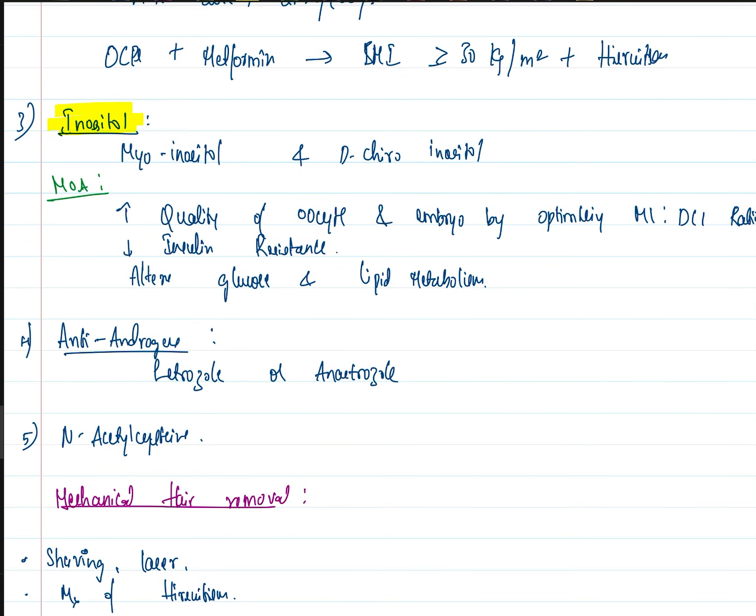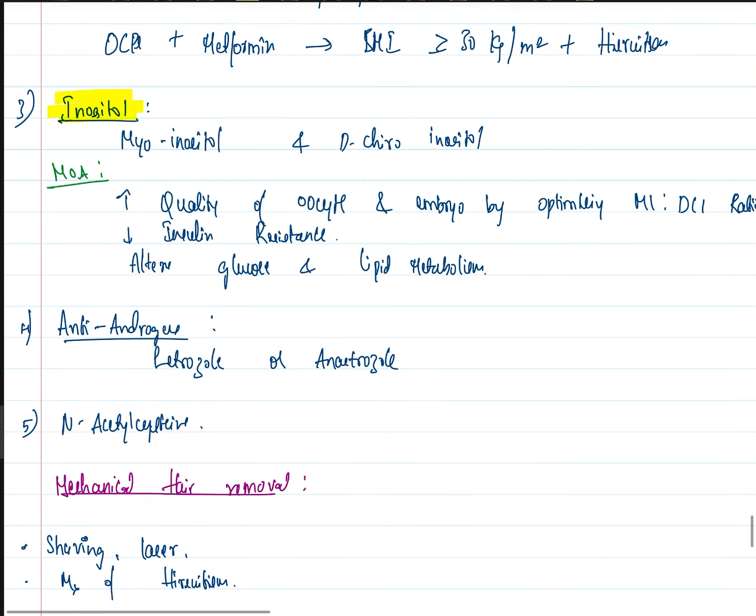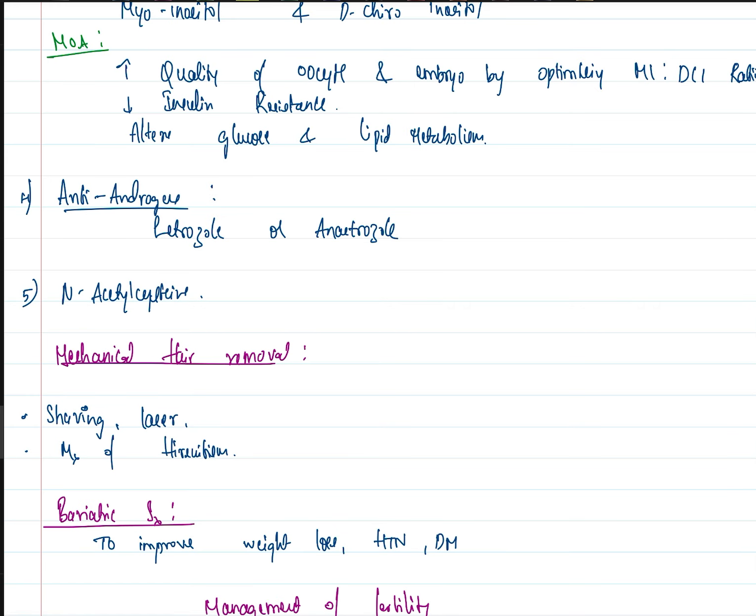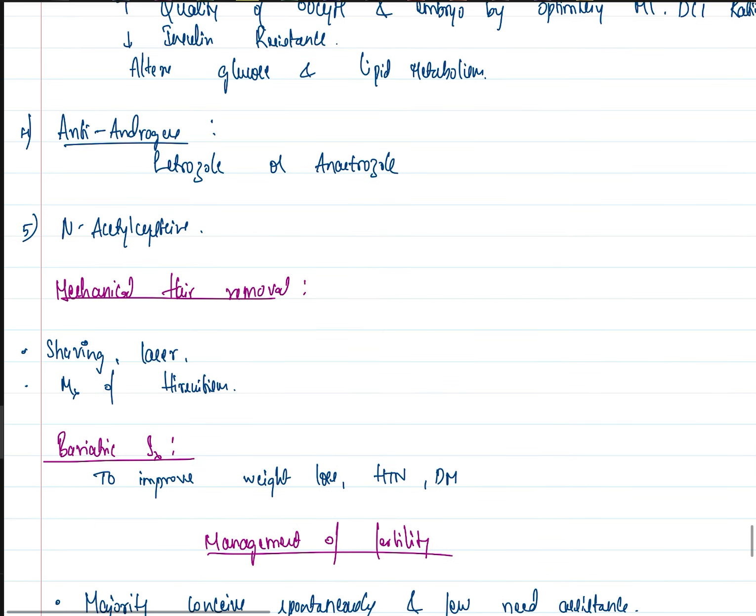These are mainly useful when you're planning for ovulation induction or infertility treatment. And certain anti-androgens like letrozole and anastrozole can also be used. And acetylcysteine is a newer thing which has certain positive effects.